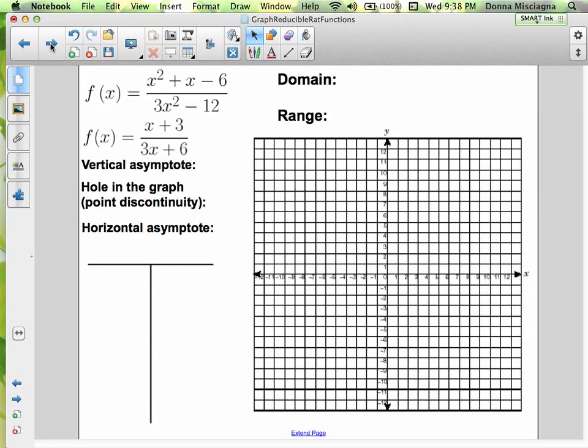All right, so let's write everything down here. So first of all, the vertical asymptote was x equals negative 2. So let's graph that. And the horizontal asymptote is y equals 1/3. So I will do my best.